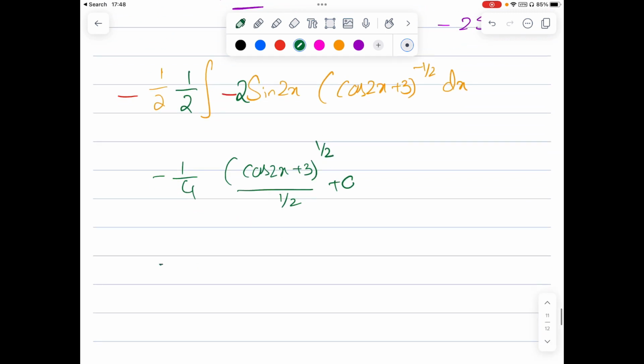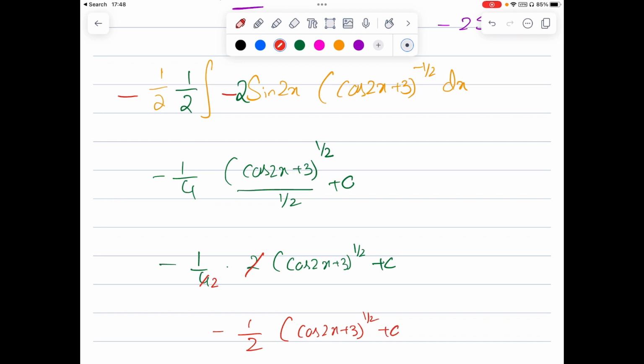So it becomes negative 1 upon 4 times 2 cos 2x plus 3 whole power 1 upon 2 plus c. So 2 times 1, 2 times 2, so negative 1 upon 2 cos 2x plus 3 whole power 1 upon 2 plus c. That's going to be the answer.